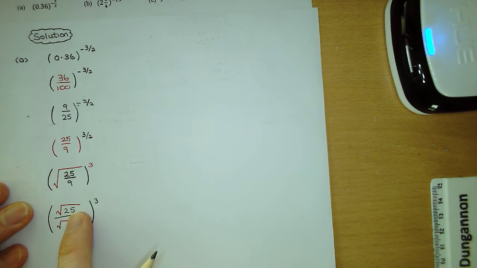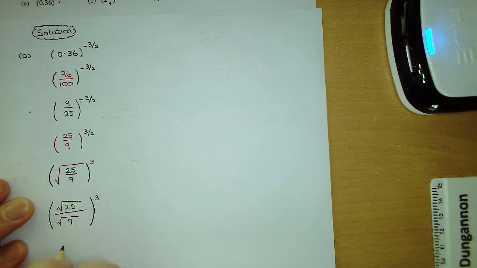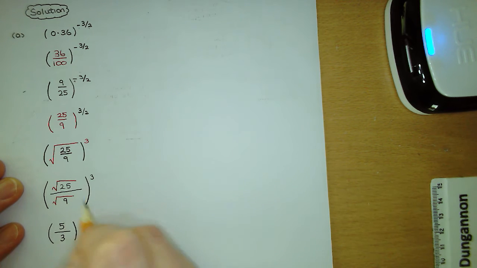So the square root of 25, we're looking for a number that multiplies by itself to give 25. Well, that's just going to be 5. And then that's all over the square root of 9, which is just going to give us 3. And again, copy our brackets down, and then copy down the power outside.